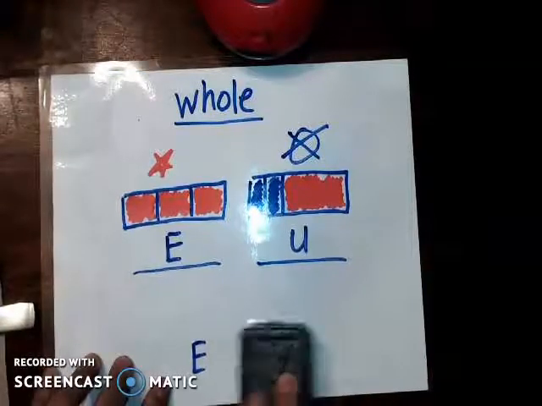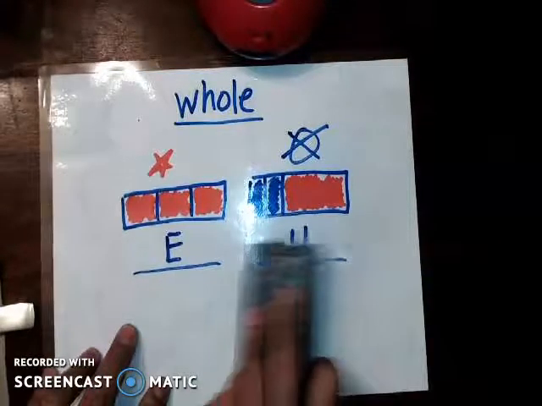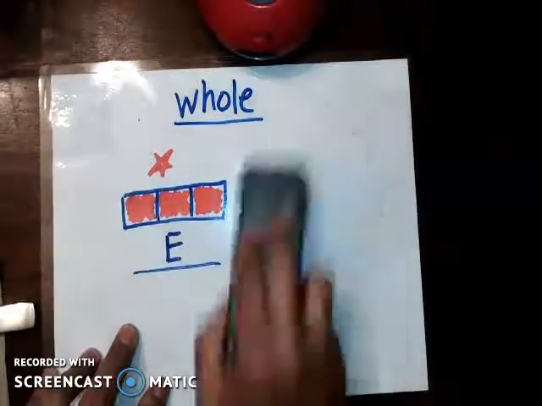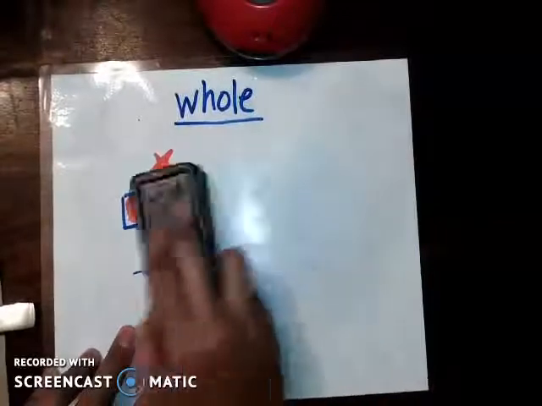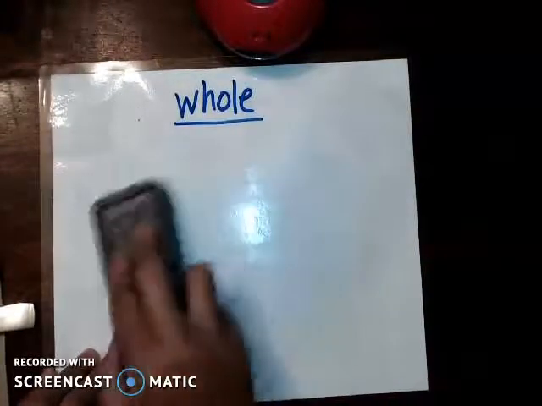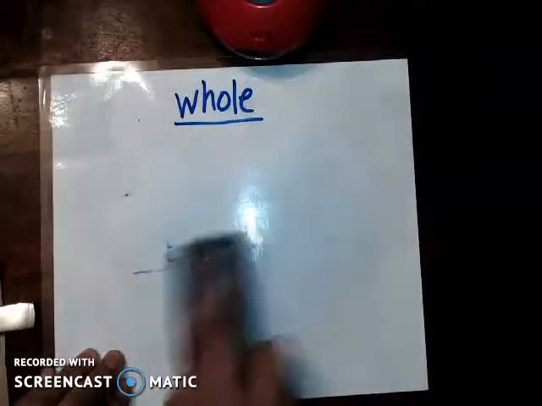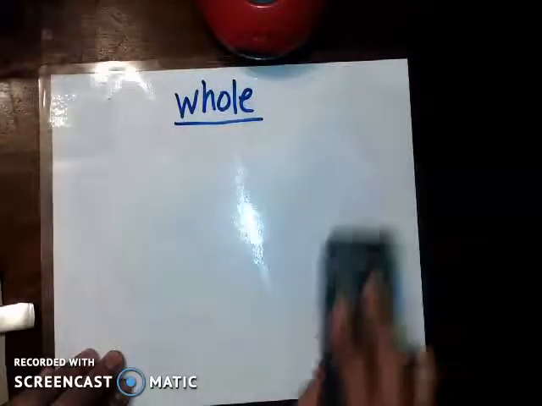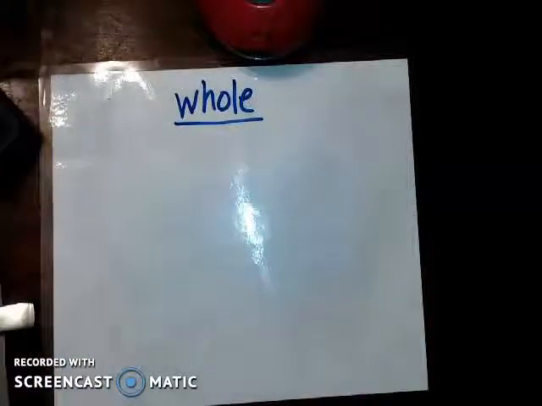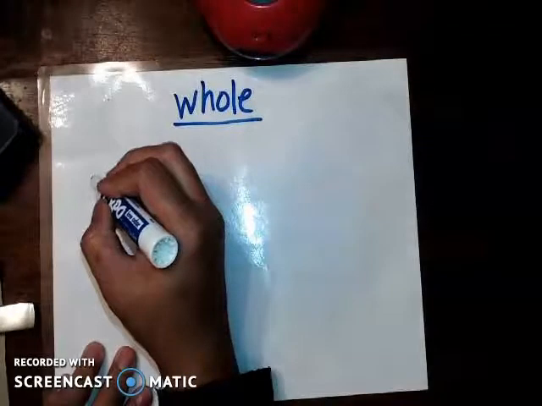So let's go ahead and erase our board again. And remember, we're focusing on equal parts of the whole. So I'm going to give you names of equal parts of a whole. And we're going to have to do some drawing here, boys and girls. So on your whiteboard, let's draw 5 squares.